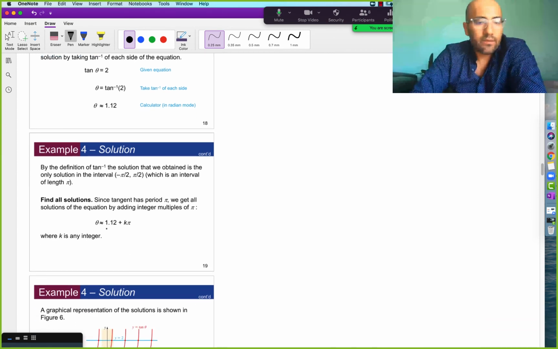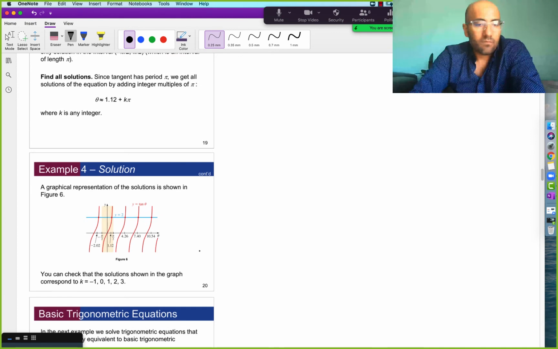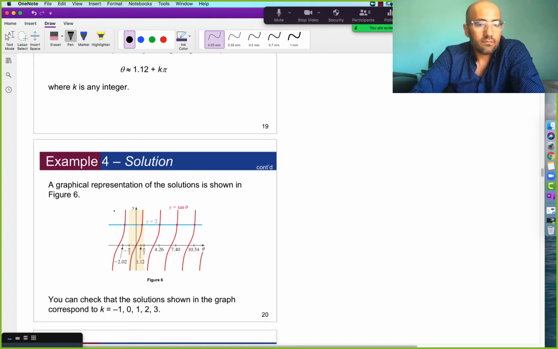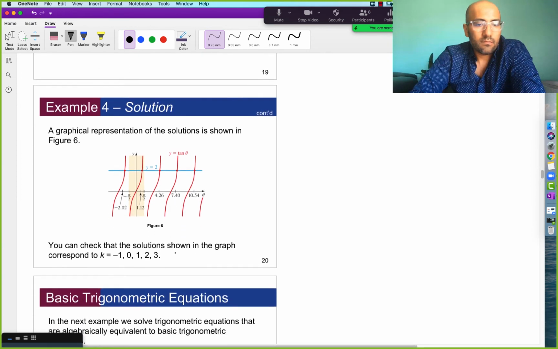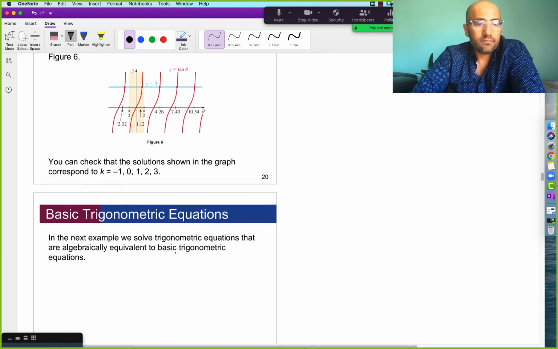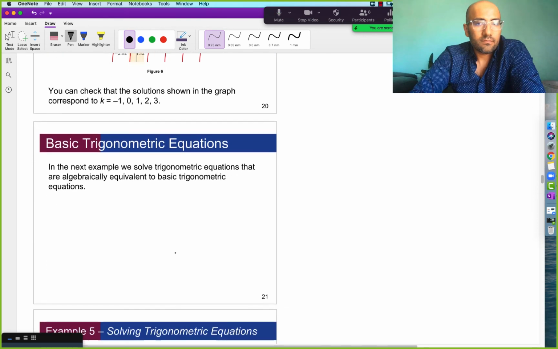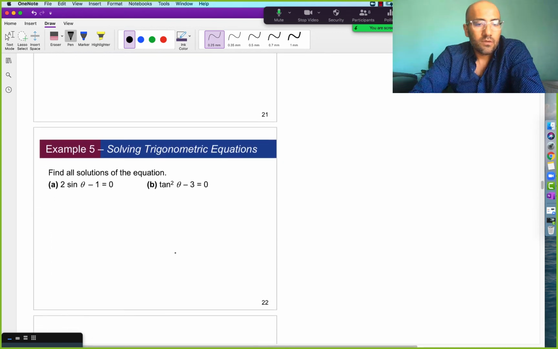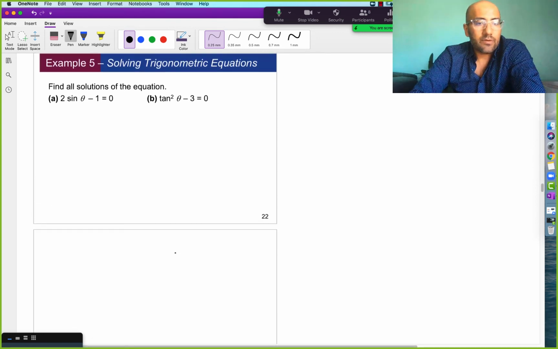So we end up with 1.12 radians plus k pi. And here's a nice picture of our result. Any questions? No questions? Okay, here's a couple of other examples.